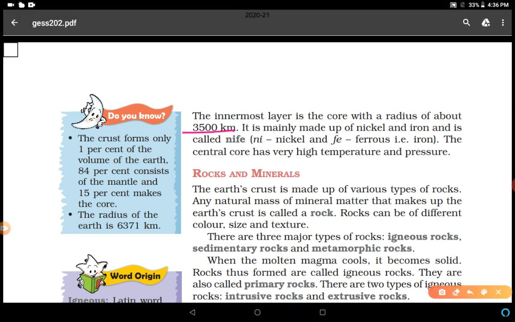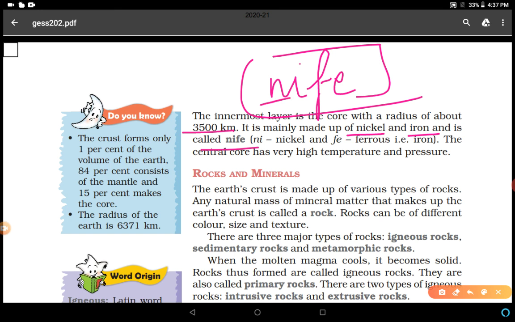In the diagram we observed the core is mainly made up of nickel and iron, so it is called Nife, nickel and ferrous, Fe. The central core has very high temperature and pressure. The crust forms only 1% of the volume of the earth.